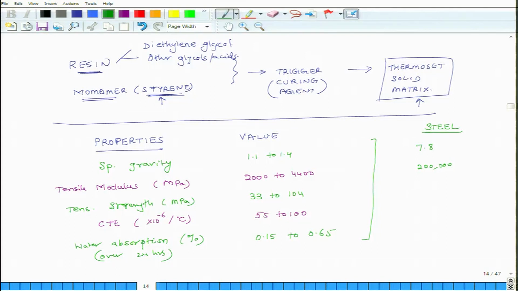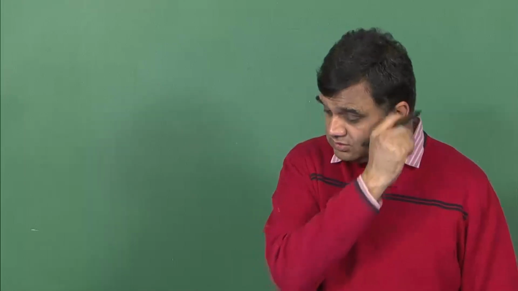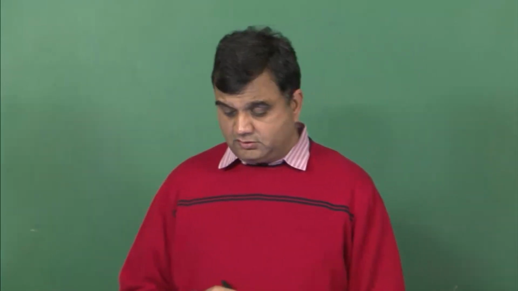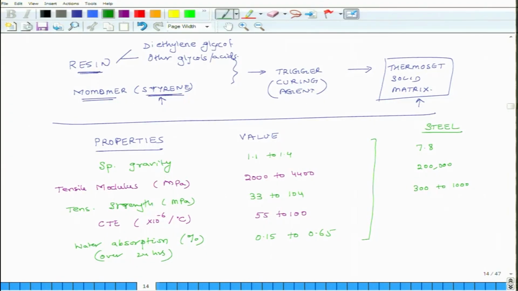Let us look at the strength. Strength of steel would typically be maybe 300 MPa, and if you go to super strong steels, it could be 300 to 1000. The point is that you should have a perspective. This is steel, this is where our plastic is, this is where our fiber is.